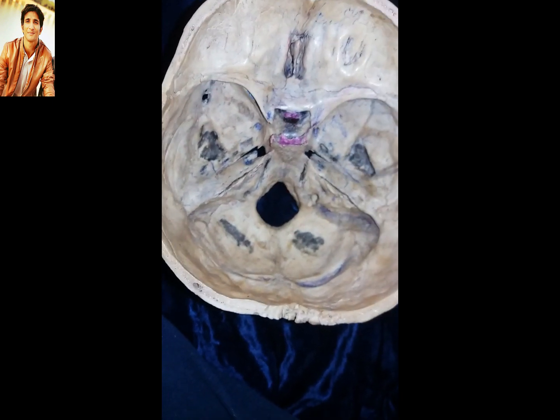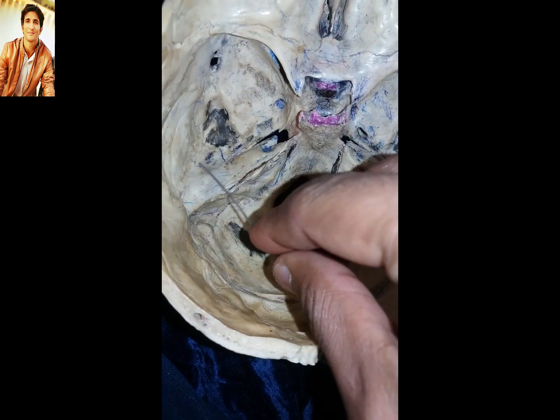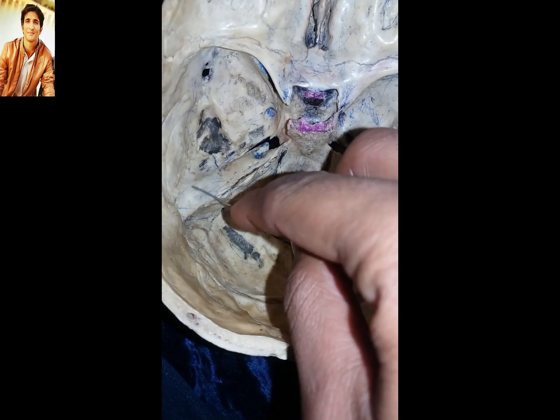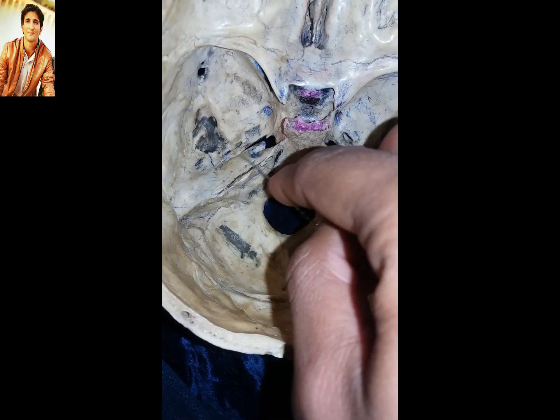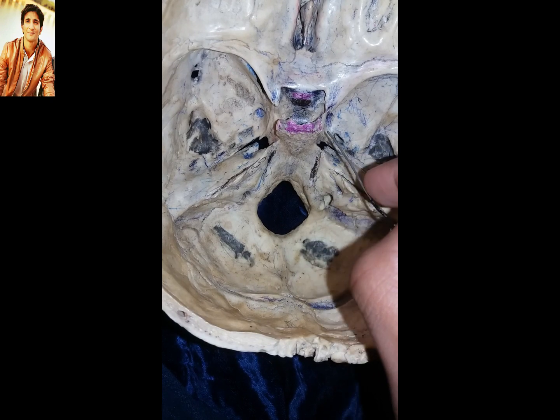Posteriorly, it is bounded by the superior border of the petrous part of the temporal bone, and dorsum sellae.